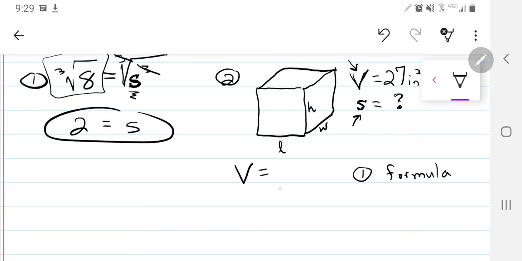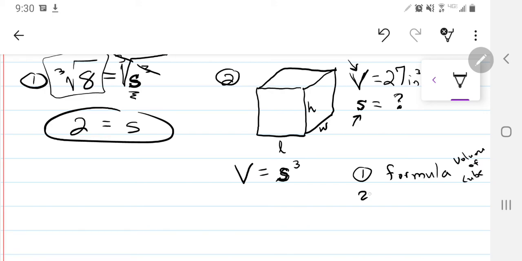Volume equals, well, for a rectangular prism, it'd be length times width times height. But since all of those values are the same, we can just use one variable. And how do I say multiply by itself 3 times? Put a 3 there. So that's our formula for the volume of a cube. Okay, volume of a cube formula.